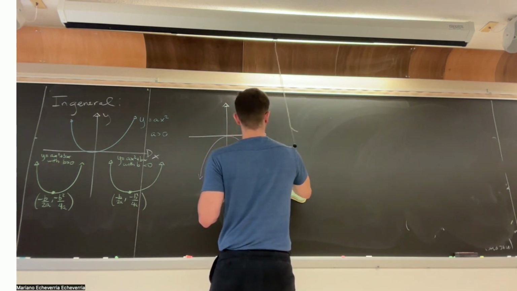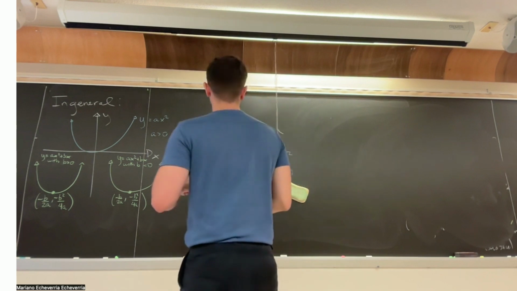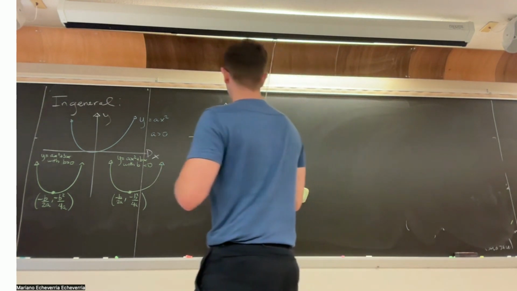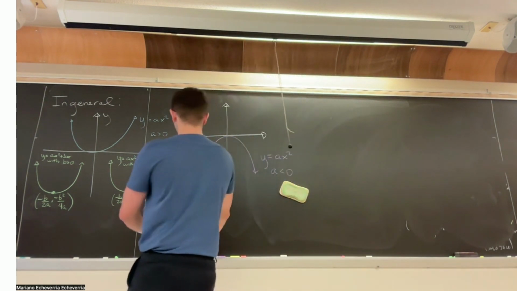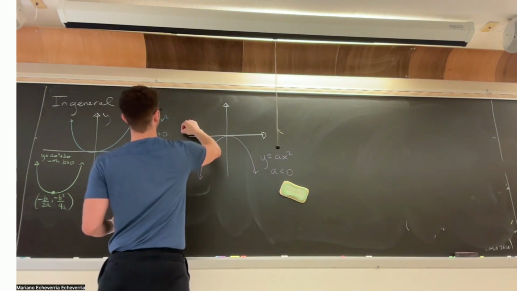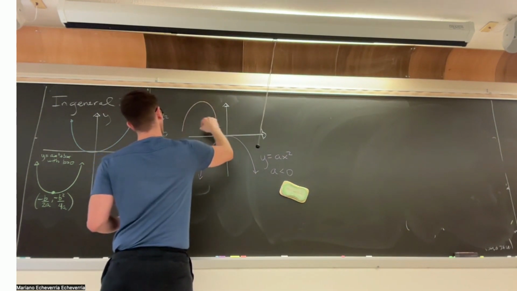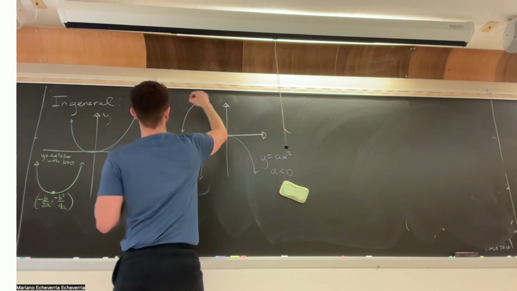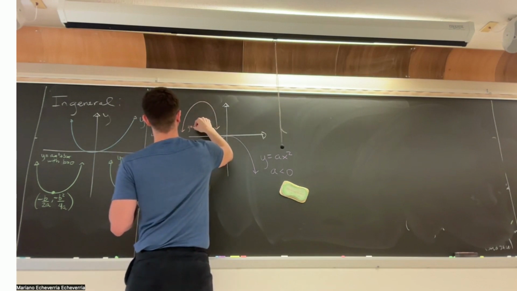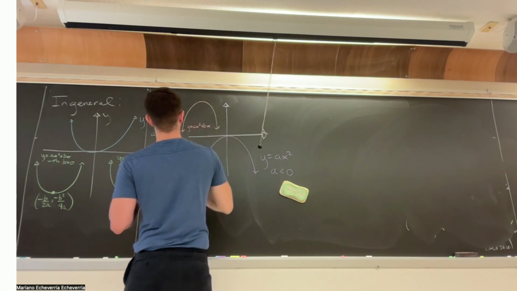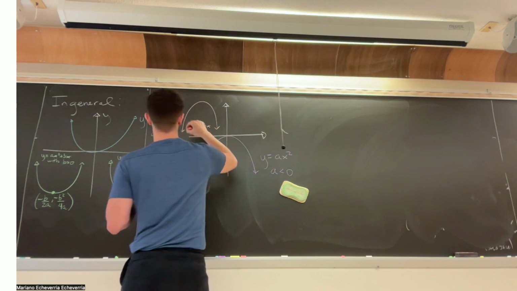So here a is negative, so this is a concave down parabola. Then this is y equals ax squared plus bx with b still positive.